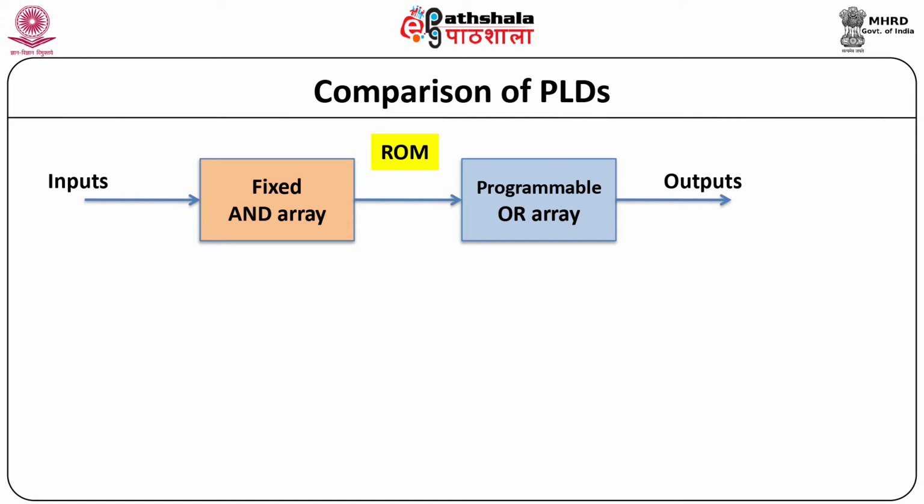The complemented and uncomplemented input variables are applied to AND matrix. AND gate array are designed to generate all different product terms. Principally, ROM generates all minterms in the Boolean expressions. The input connections to the OR gate are programmable.